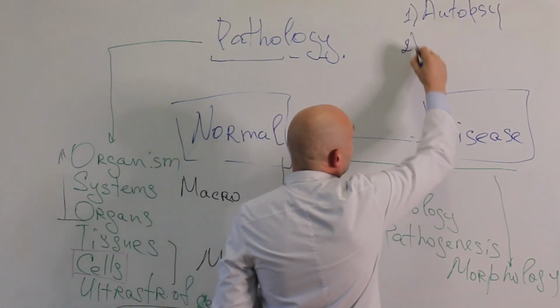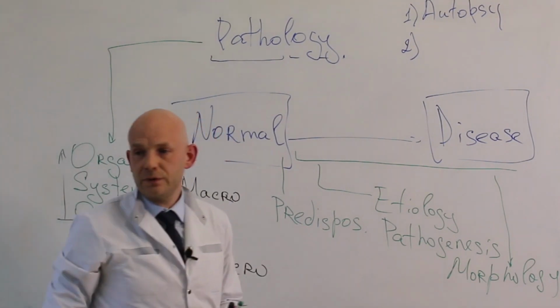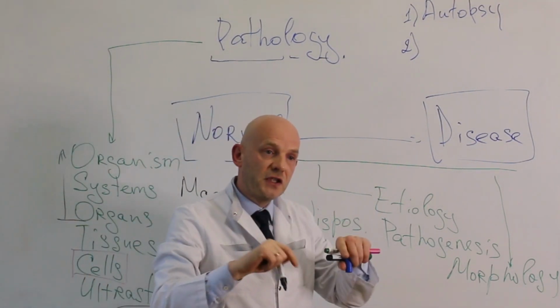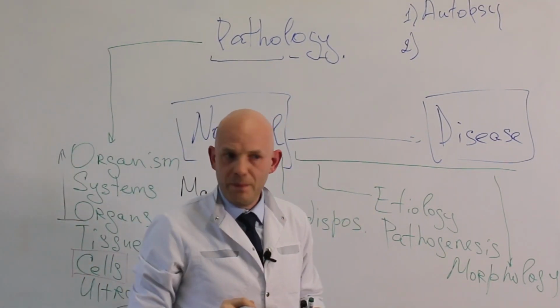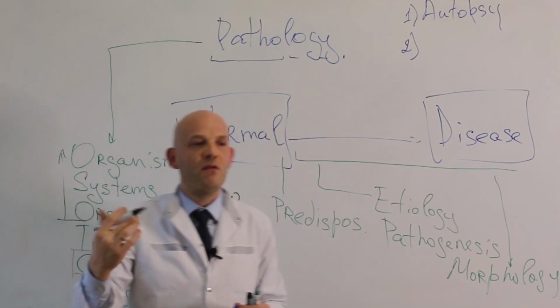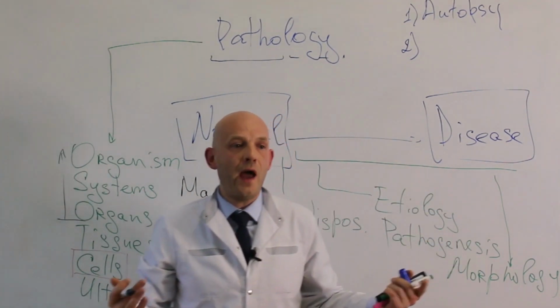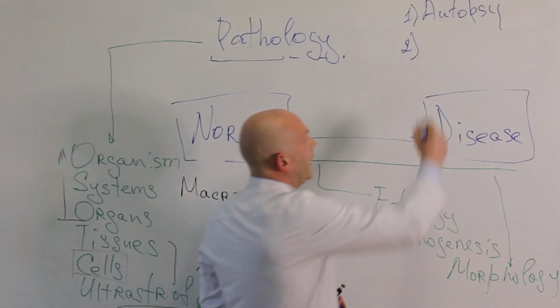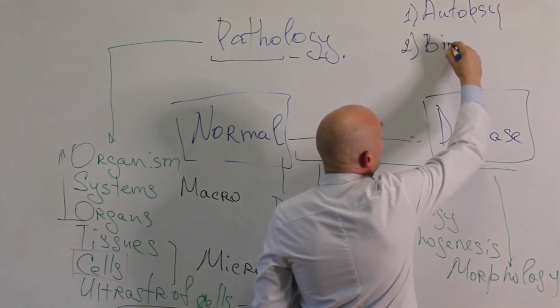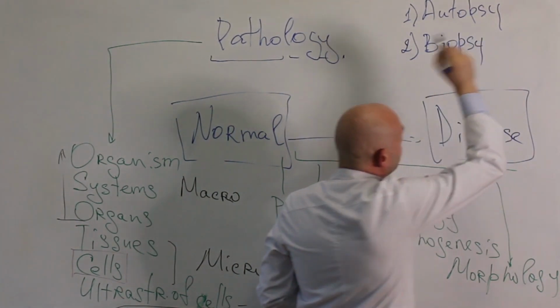The second one is the opposite of the previous: investigation during the life of the patient, which is much more valuable, really. Of course, after the death, we cannot help those patients. But the second method is biopsy.